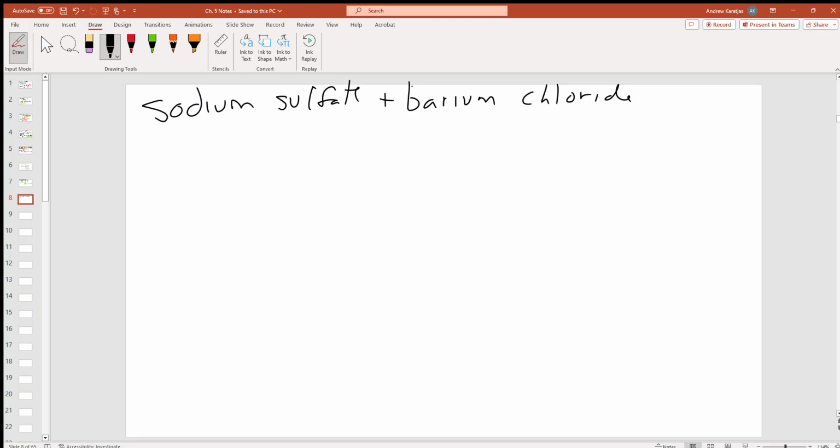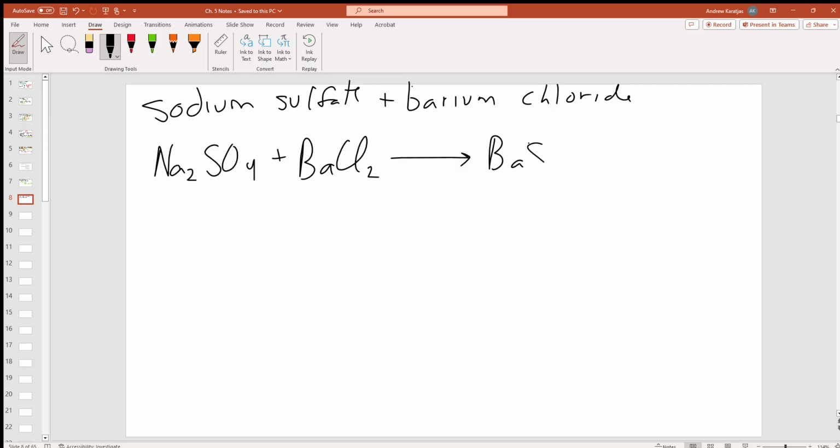So let's just start by writing out the equation. So sodium sulfate, Na2SO4, plus barium chloride reacts to form barium sulfate plus sodium chloride.